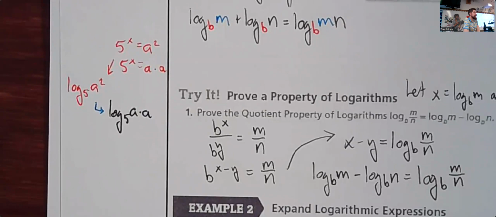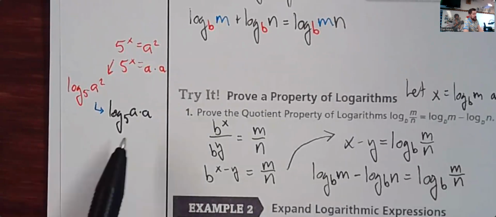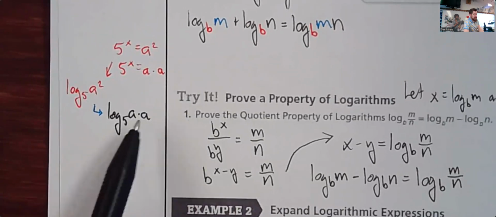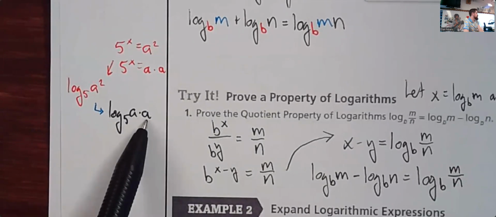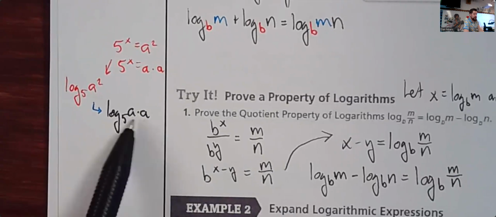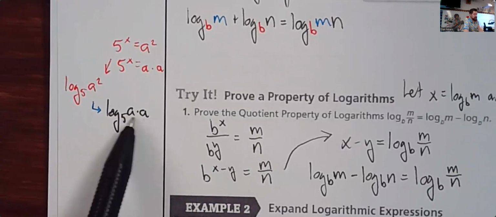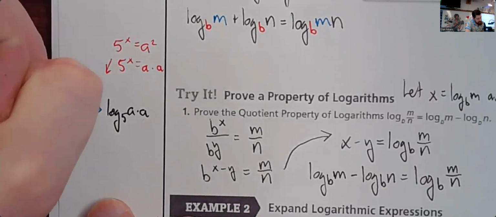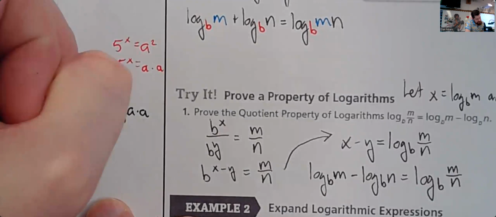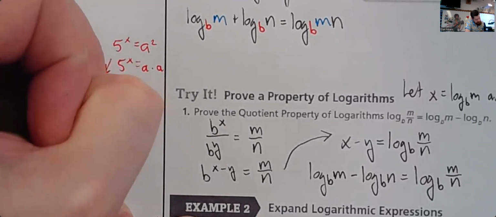Because a squared is a times a, right? Everybody good with that? Now, we also said that logarithmic addition works if you have two things multiplied together here. So we could use the product property for logarithms on this one, and write this as log 5 of a plus log 5 of a.